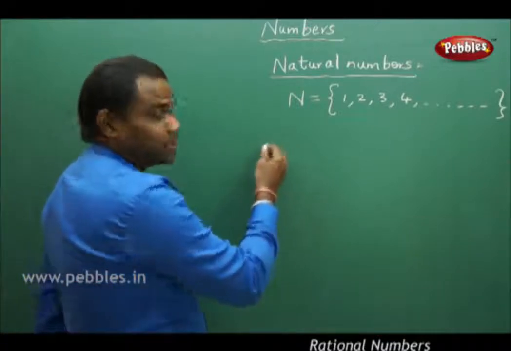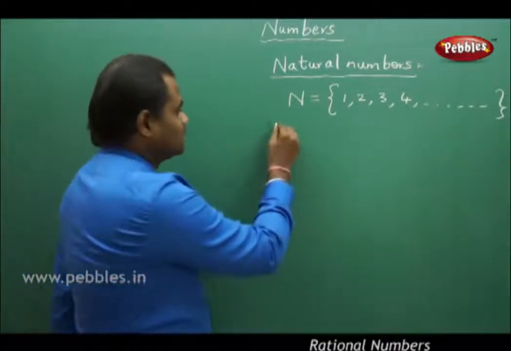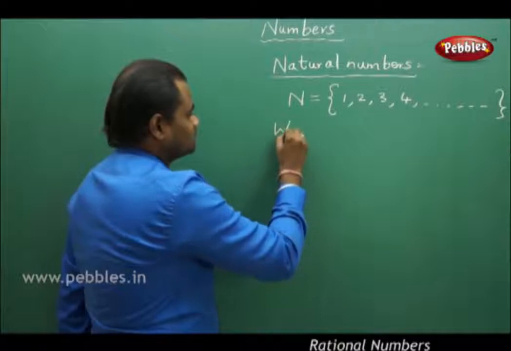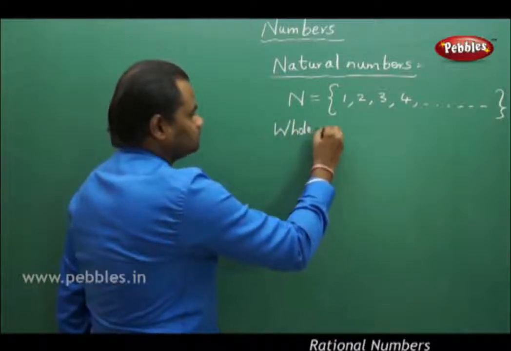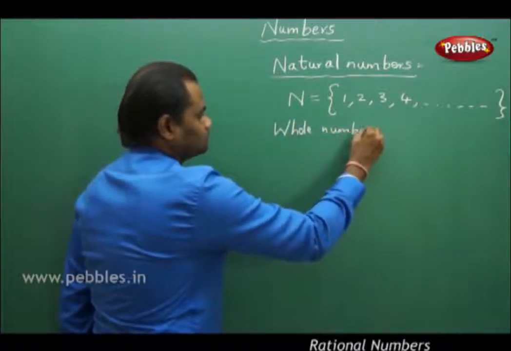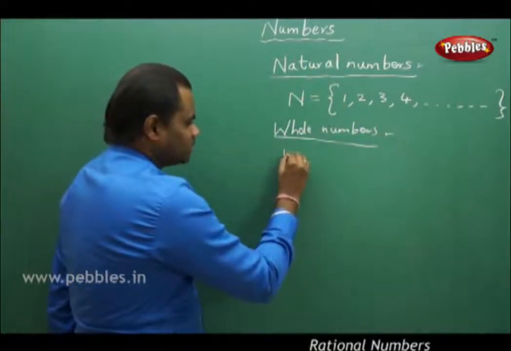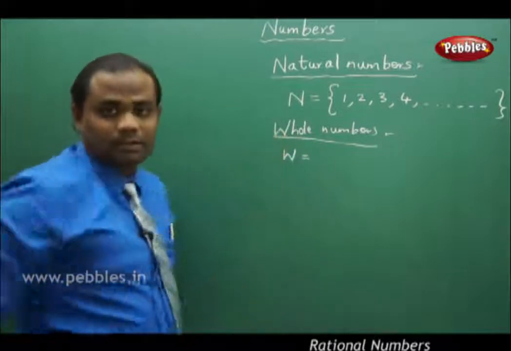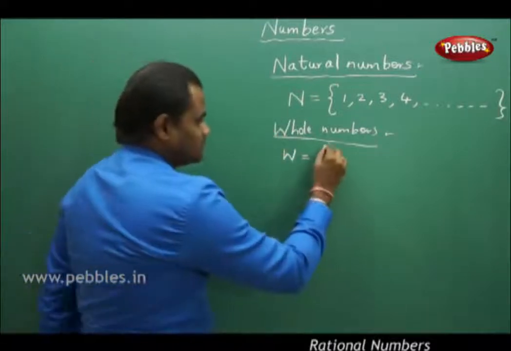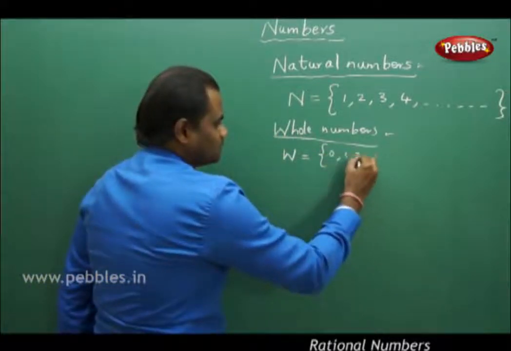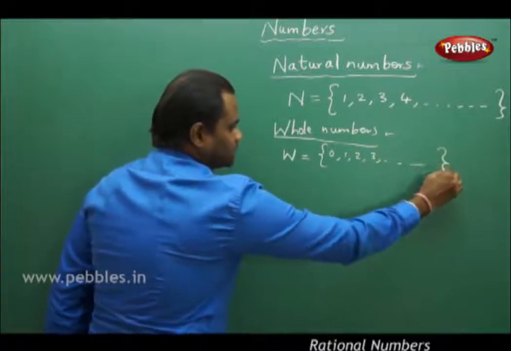When I come to the next set of numbers, they are the whole numbers. Whole numbers are generally denoted by W and they start with 0 and end at infinity.